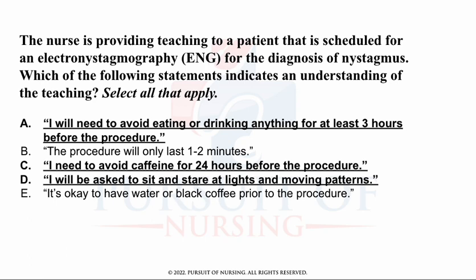So the patient is instructed to sit and gaze at lights, to focus on moving patterns and points, and then close the eyes. While sitting, the patient may be rotated to obtain information about vestibular function. You should always educate the patient that this procedure is very long and very tiring.